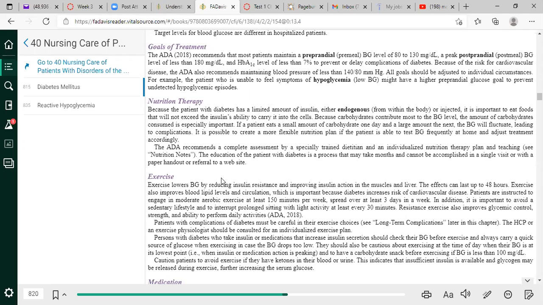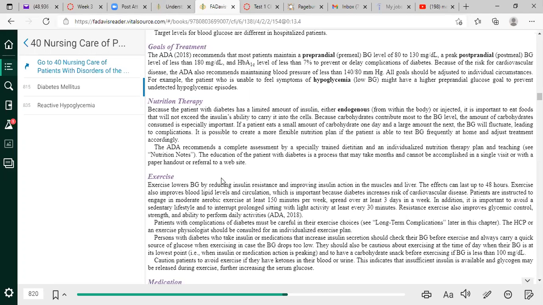In addition, it is important to avoid prolonged sitting, with light activity at least every 30 minutes. Resistance exercise also improves glycemic control, strength, and activities. Patients with complications of diabetes must be careful in their exercise choices.